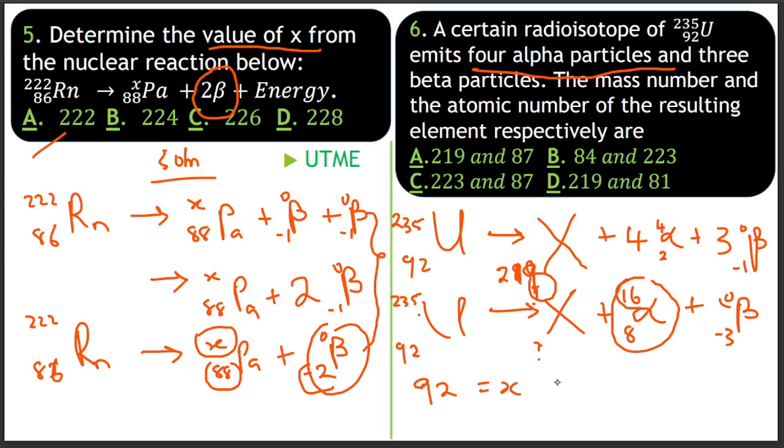You can use an equation to help you get the correct answer. X plus 8. And then here we have minus 3. Okay. So here we'll have X plus 5. Do you remember? Okay, so that means X will be equal to 92 minus 5, which will give you 87. Okay, so the correct option is A.